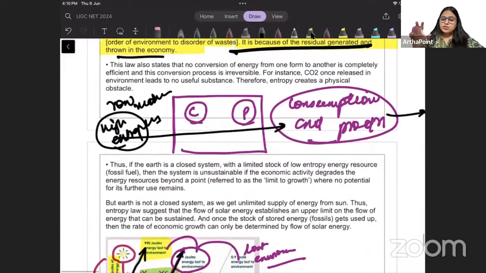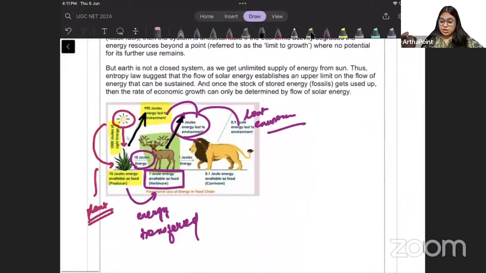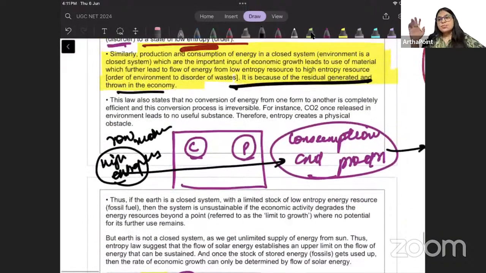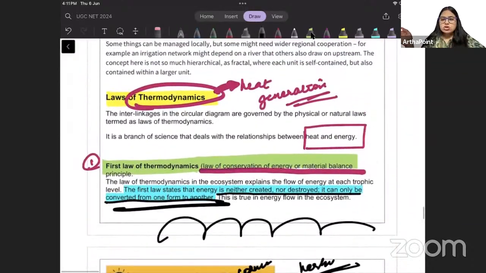So this is what we are suggesting कि waste is generated, residual is generated, some energy is lost during the process of production and consumption. ठीक है, तो these are the two laws of thermodynamics. They are important from the point of view of your exam and you must go through them. Okay, beta. Thank you.